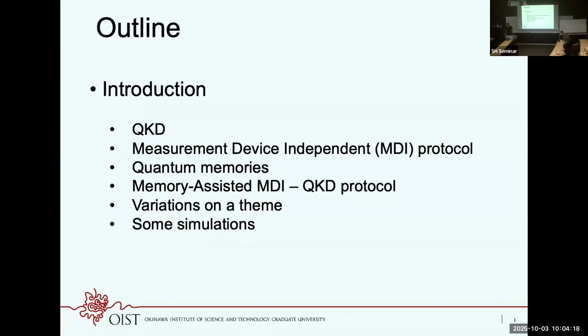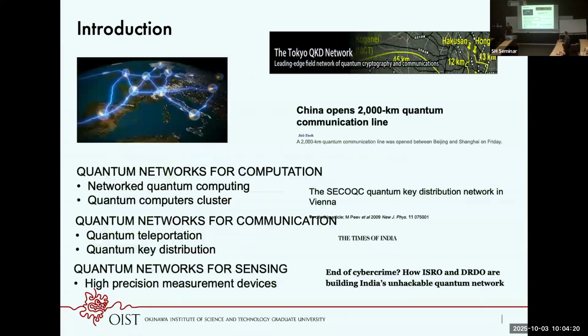Okay, so yes, the introduction. I think after these 2 weeks you already know the advantages of using quantum networks. Here are listed the 3 improvements compared to classical networks. When we use quantum networks for quantum computation, distributing qubits, this could enhance the computational power of quantum computers.